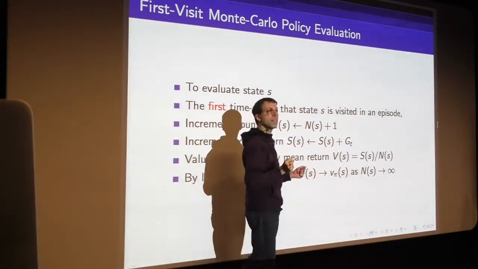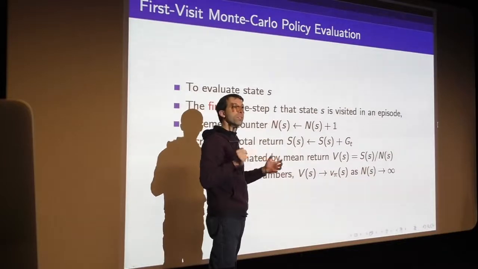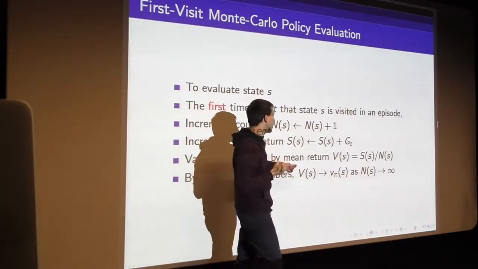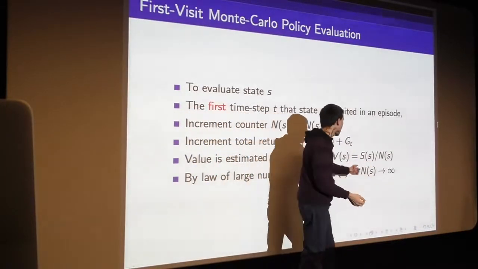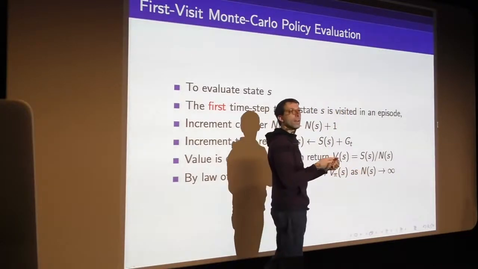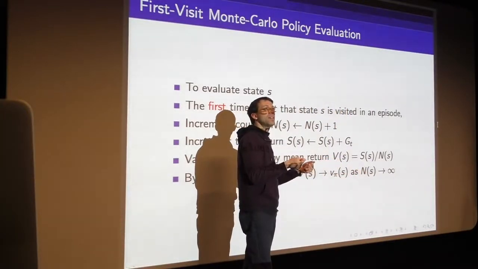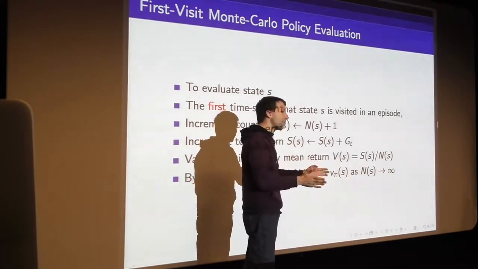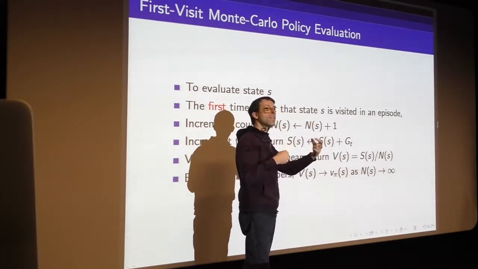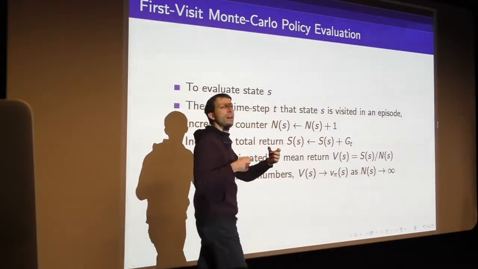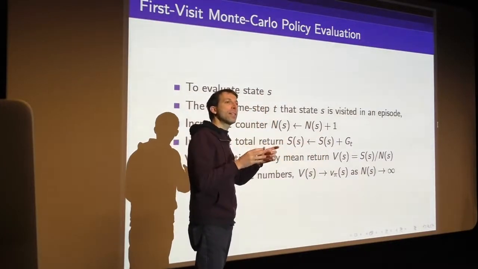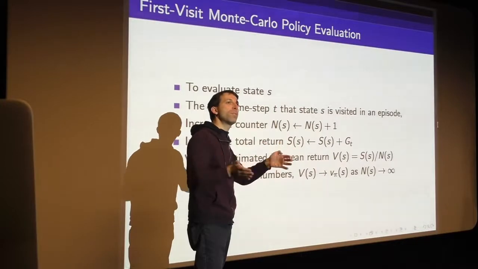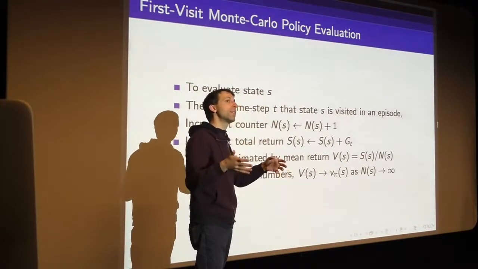We basically know that you normally get some normal distribution, and the error reduces with a variance of 1 over n. So the number of visits you need to any individual state to reduce the variance is completely independent of the size of the state space.